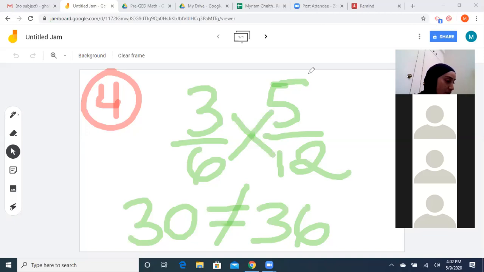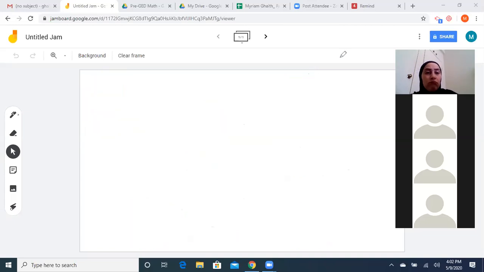Page 441, we had to reduce and raise a fraction. Page 441 and 442, reduce and raise. Do we know what those terms mean in general? If I said reduce something, what does that mean? Reduce.